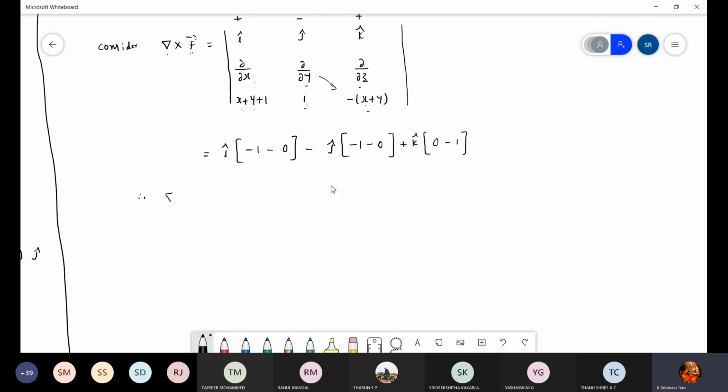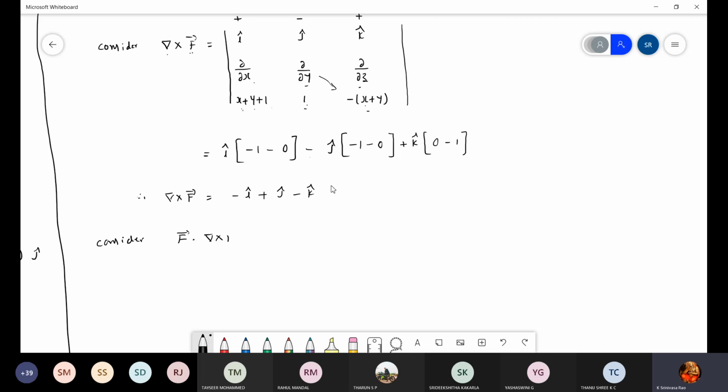Therefore, curl f equals minus i cap, minus into minus plus j cap, minus k cap. This is the final answer, curl f. Now the question is, we have to show that f dot curl f equals 0. So consider f dot curl f.